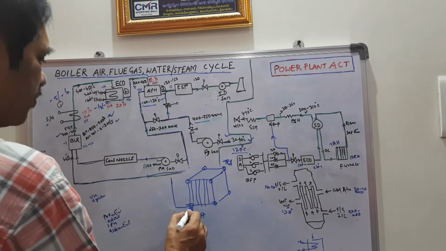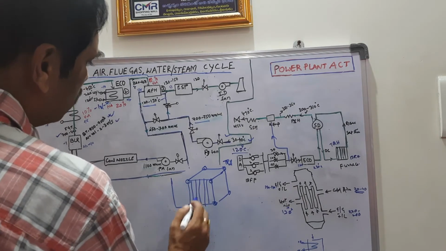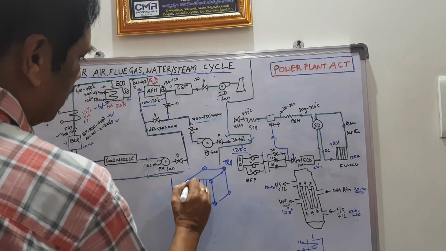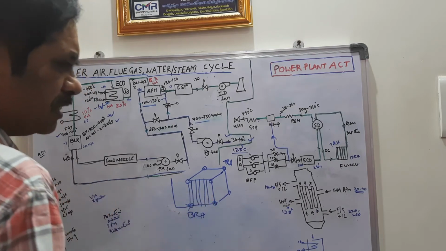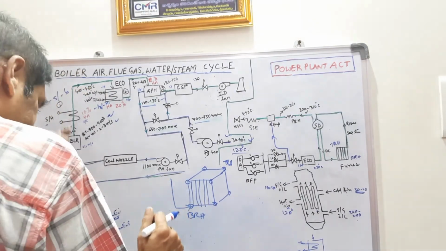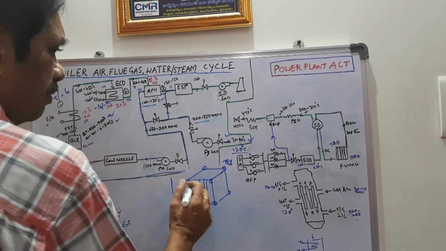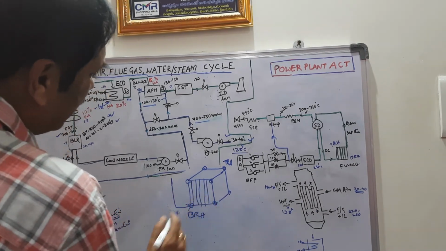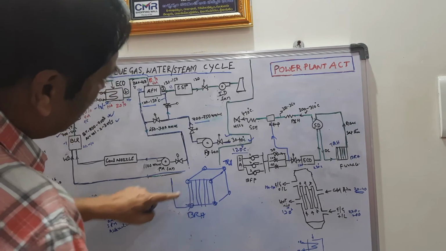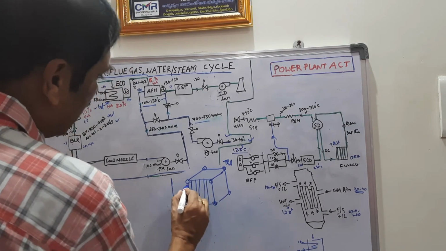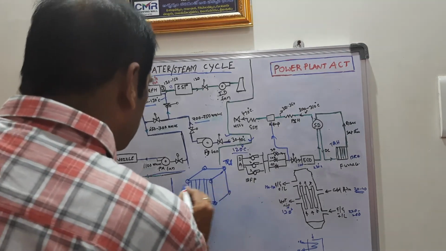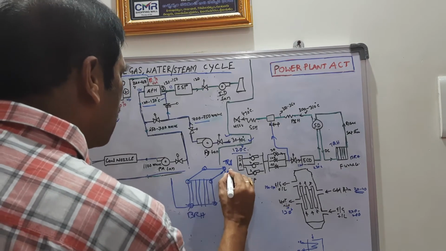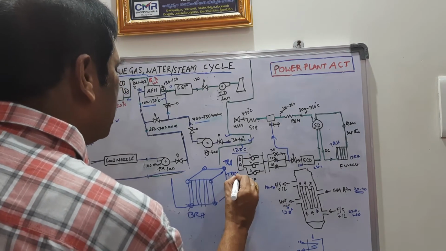After that this water enters the water walls of the boiler, and in an AFBC boiler there are evaporator tubes provided inside the boiler, and it also enters the evaporator tubes, and it comes out at the top ring header.